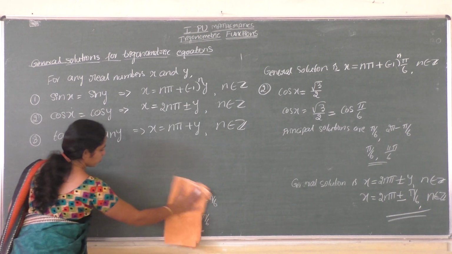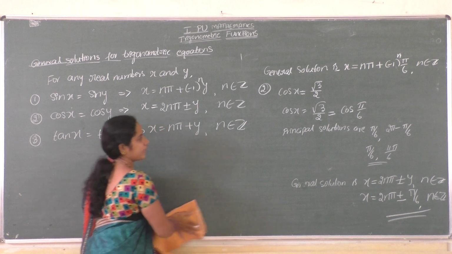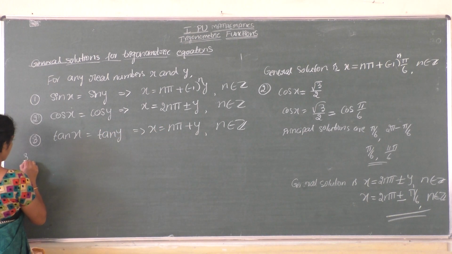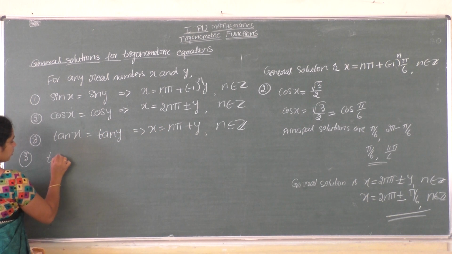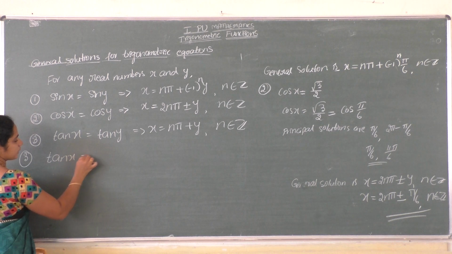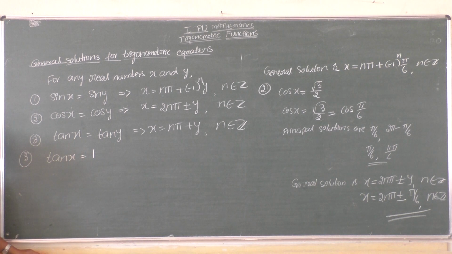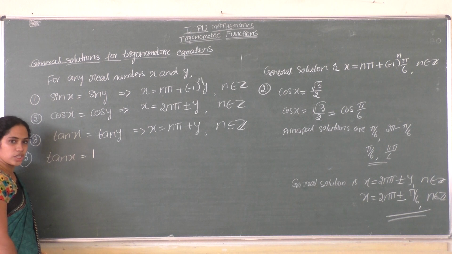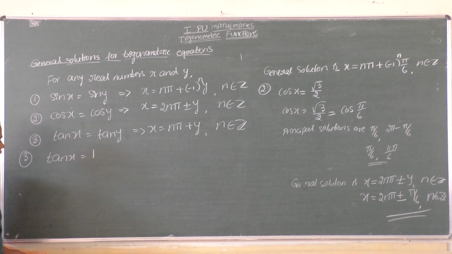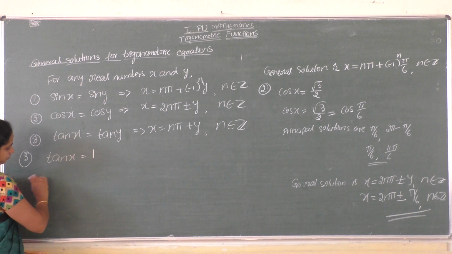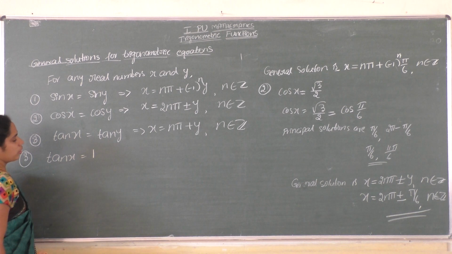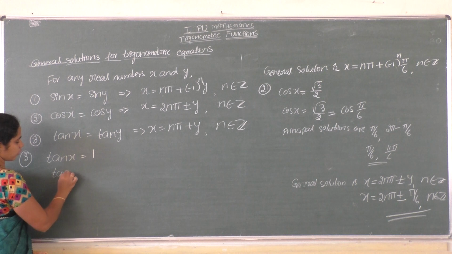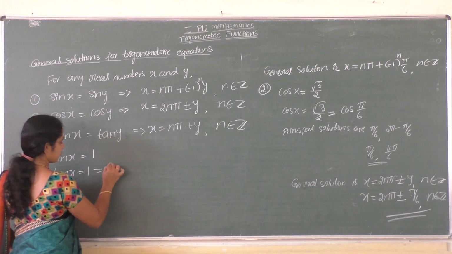I will give one more example for tan function. Okay, tan x equal to 1. Find the general solution. How to find out? Here tan x equal to 1.